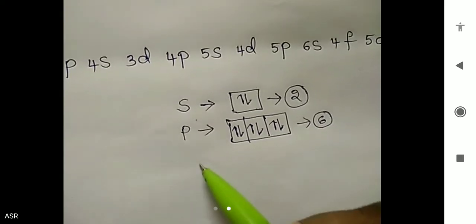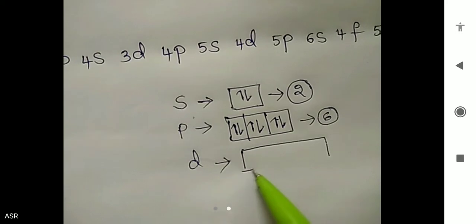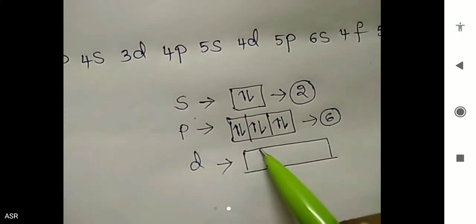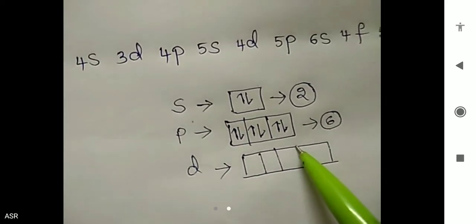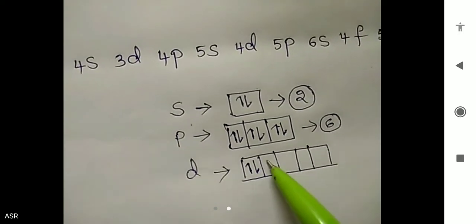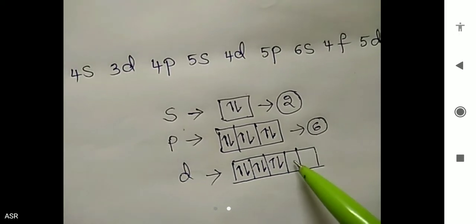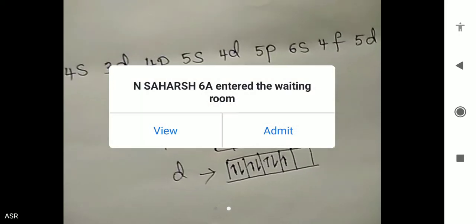Now coming on to the D, we can remember P is 3, so D is 5. So 5 orbitals will be present here. So 5, each orbital 2 electrons. So this will become the highest compared to this.